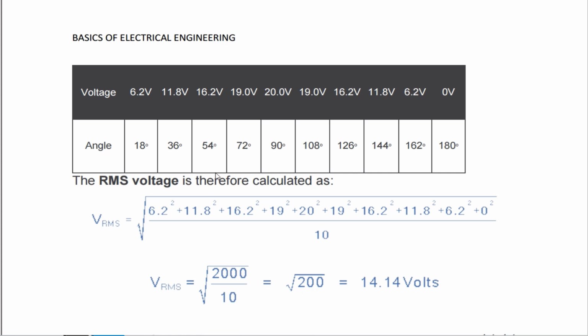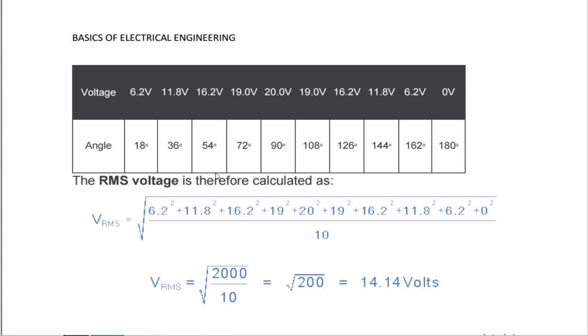After summing up the square values and dividing by 10, we take the square root of the whole thing, and that becomes a value of 14.14 volts.